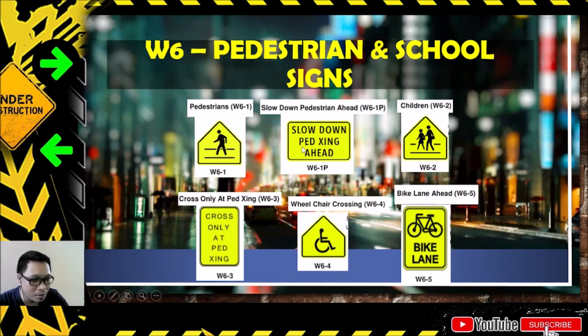Okay, slow down, because there is a pedestrian crossing ahead. Next, we have to slow down because there is a wheelchair crossing, or we have a bike lane ahead. So the intention of the warning sign is more likely to warn the motorist to slow down, no? To slow down or to be cautious enough for the road ahead.